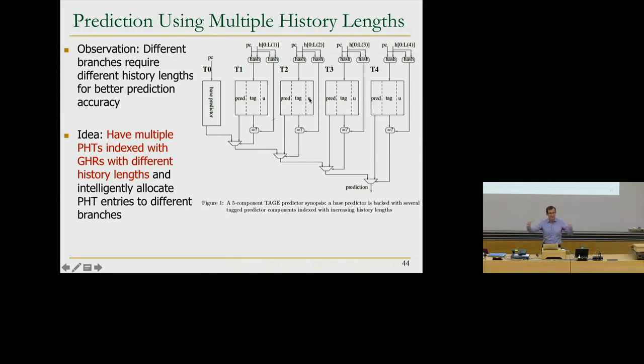Next predictor has another longer history, and this predictor has the longest history. And these folks found out that using geometric history lengths is actually good. So this can actually have history lengths of 1,000 or maybe 10,000, depending on how you design it. And you don't need a 2 to the 10,000 entry predictor to be able to do that. Okay. So if you're interested, you can read this paper.